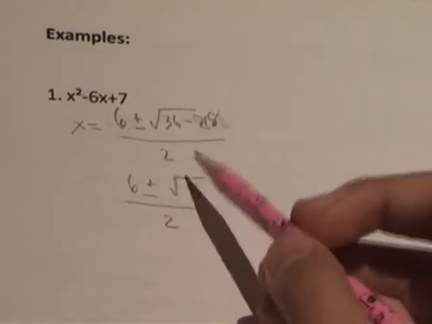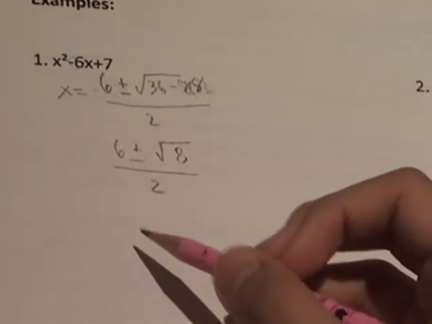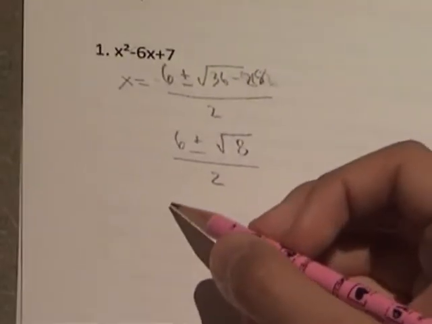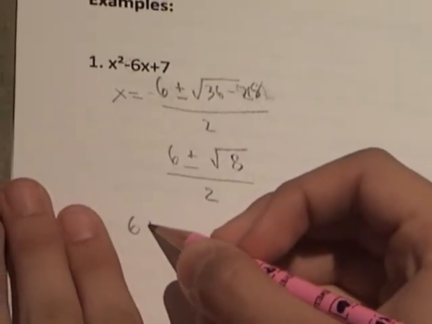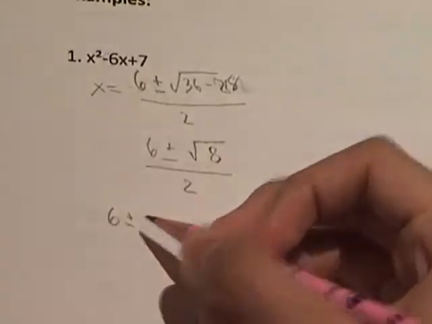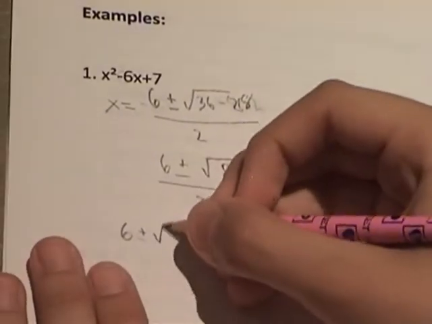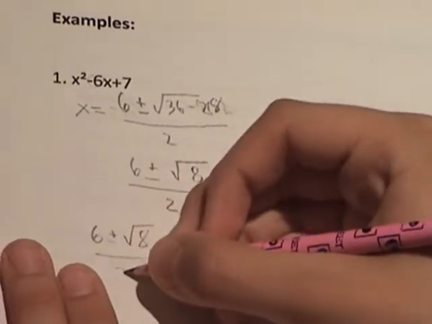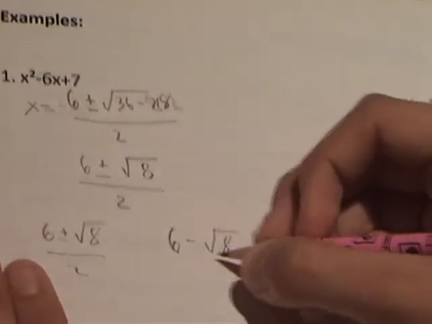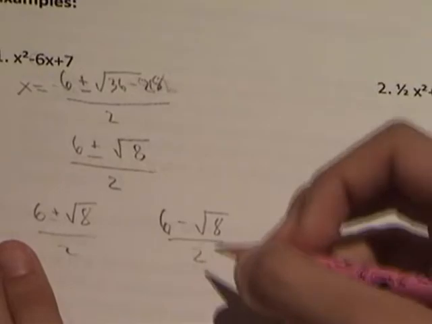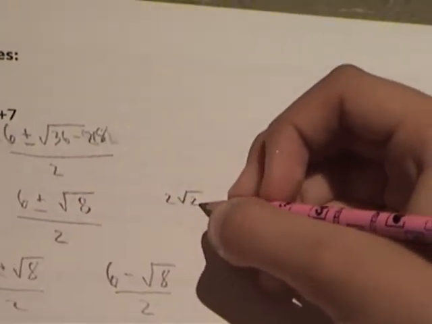Now, because 8 is not a square number, we can't do anything with it yet. But you can simplify it by using radical simplification. This becomes 6 plus the square root of 8 over 2, and then 6 minus the square root of 8 over 2. 8 is really 2 times radical 2.